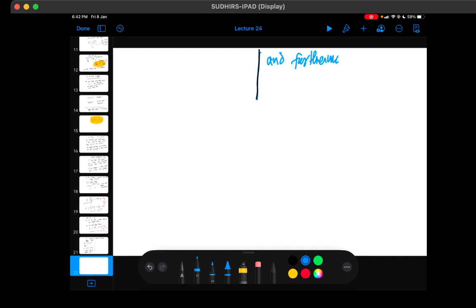That means gluon 1 interacts with gluon 2, gluon 2 interacts with gluon 3, and so on.